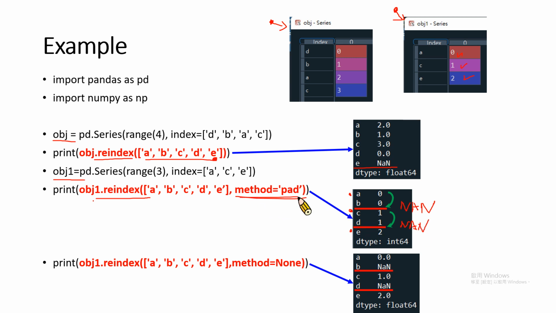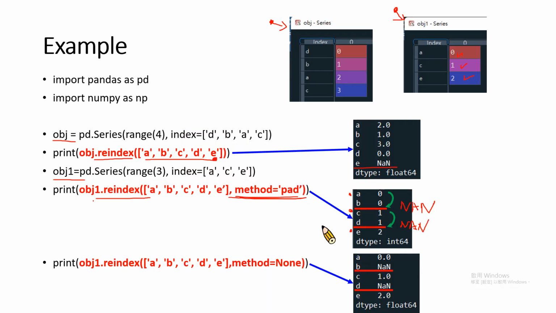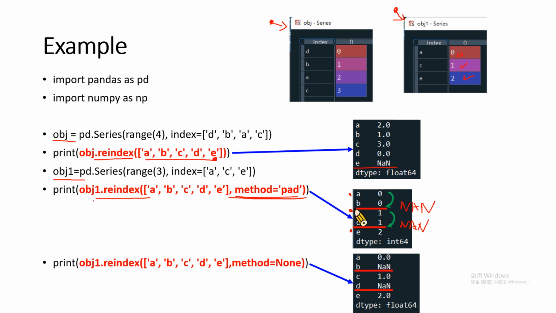But now we assign the method to be pad. So it means that, to fill in the new value for index B and D, we will observe the last valid data, and we insert that data value for the new index.